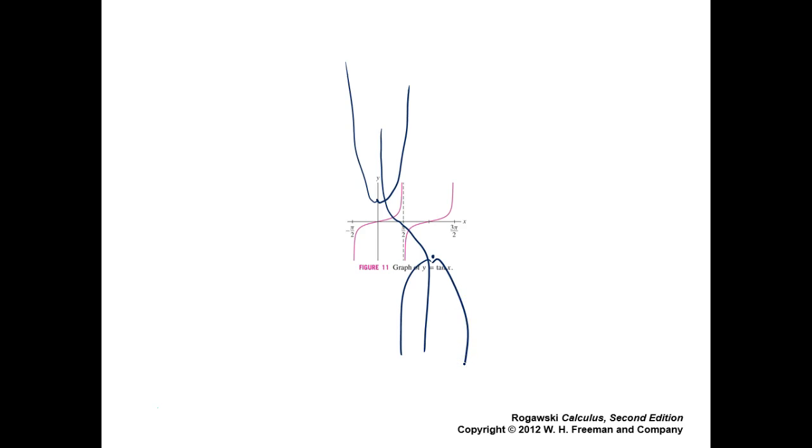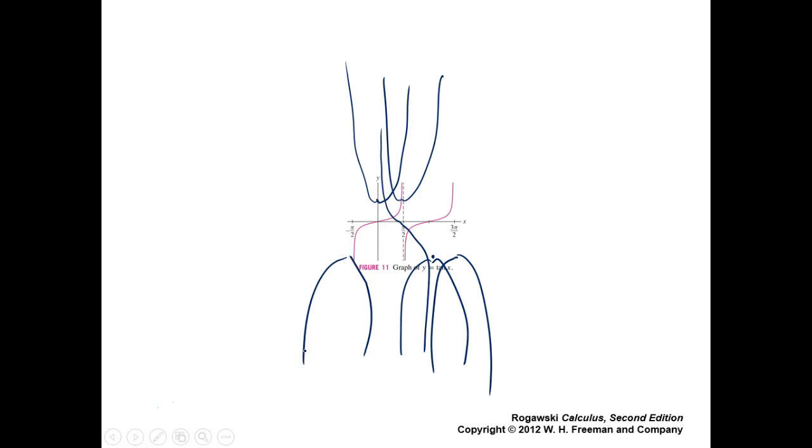So mine is not very even there. The cosecant acts a lot like the cotangent. It's like this and like this. That would be the cosecant.